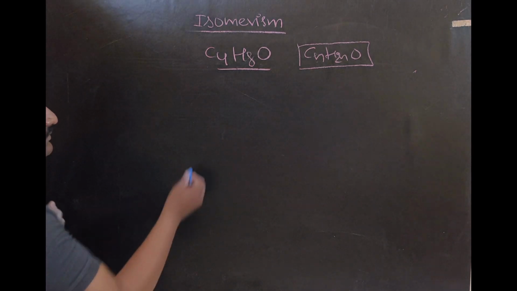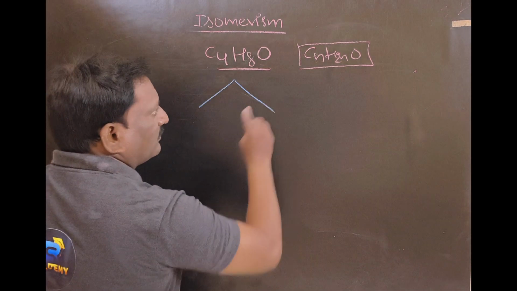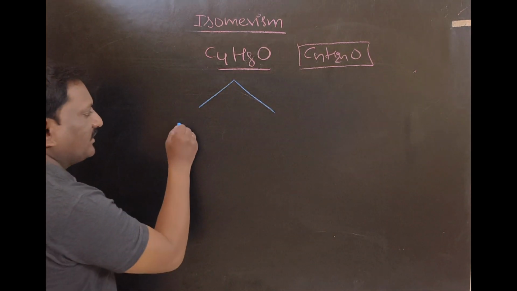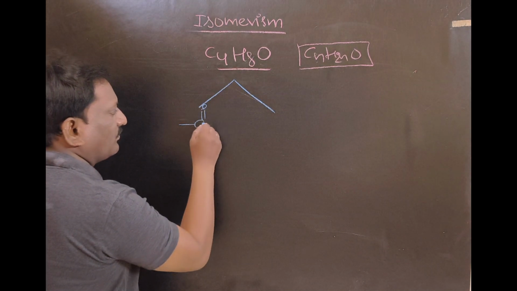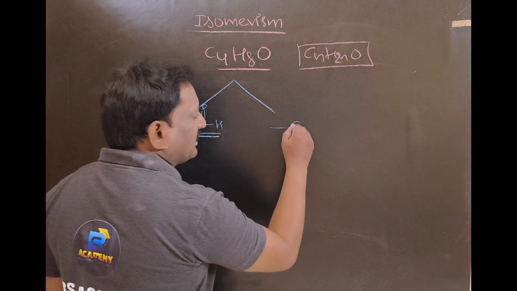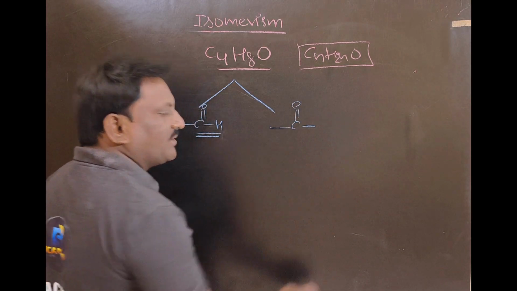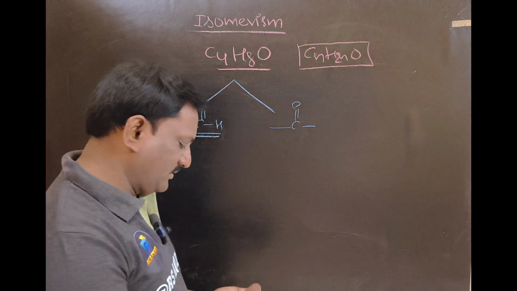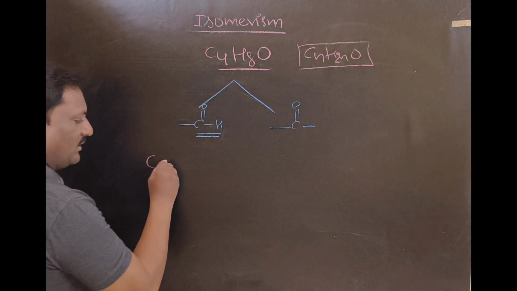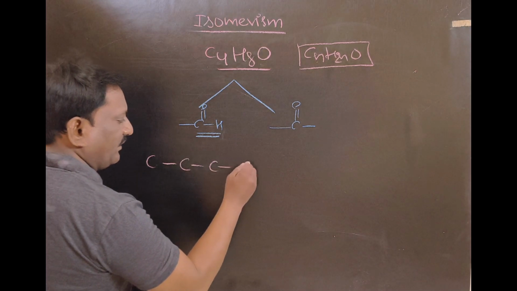Let us draw the structure, either aldehyde or ketone. Aldehyde means CHO. This is the functional group for aldehydes. For ketones, the C double bond O group must be present between two carbon atoms. We have 4 carbon atoms: 1, 2, 3, 4.